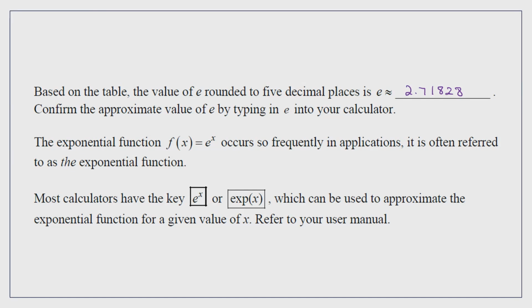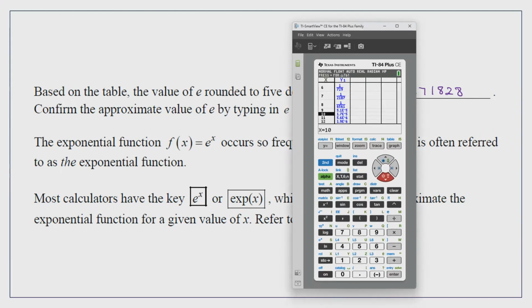Okay. Confirm the approximate value of e by typing in e into your calculator. The exponential function f of x equals e to the x occurs so frequently in applications, it's often referred to as the exponential function. Most calculators have the key e to the power x or exponential of x, which can be used to approximate the exponential function for a given value of x. So it asks us to refer to the user manual of your calculator to determine what buttons you have.